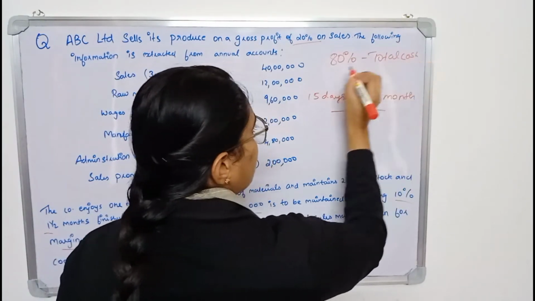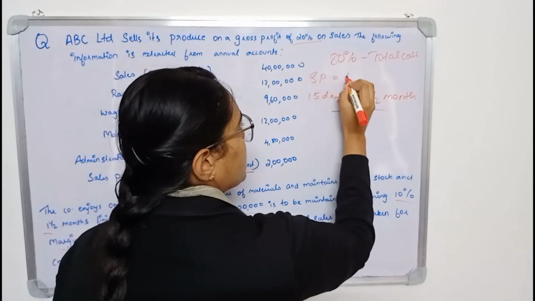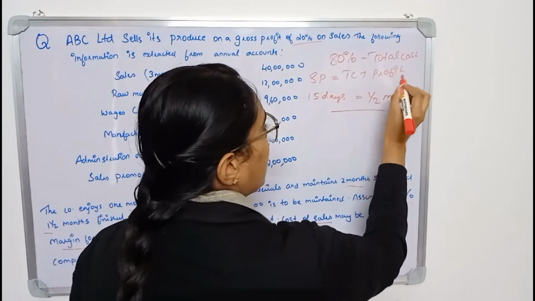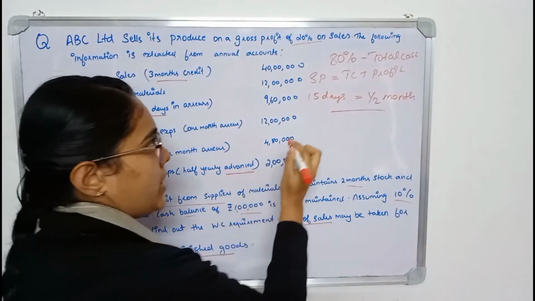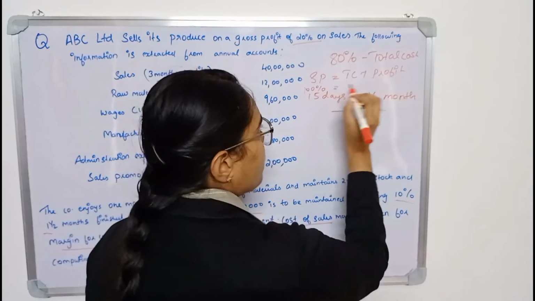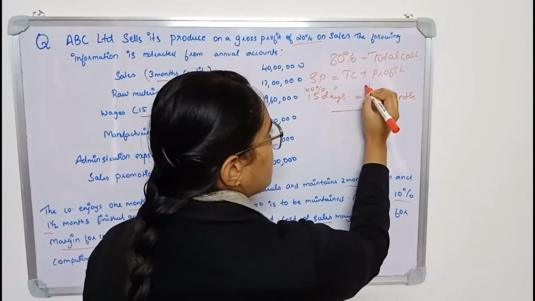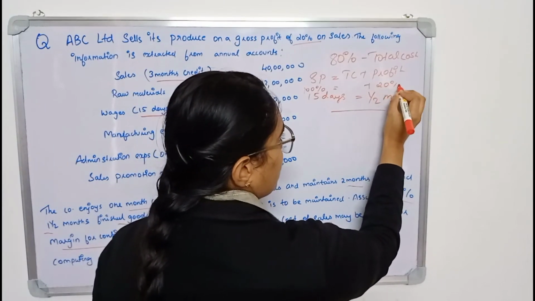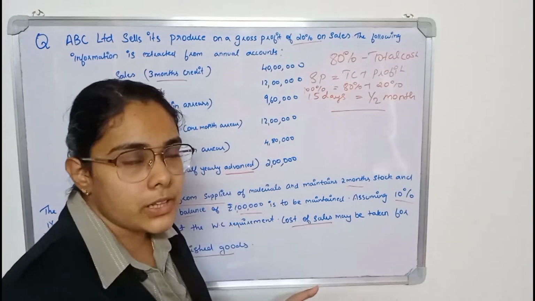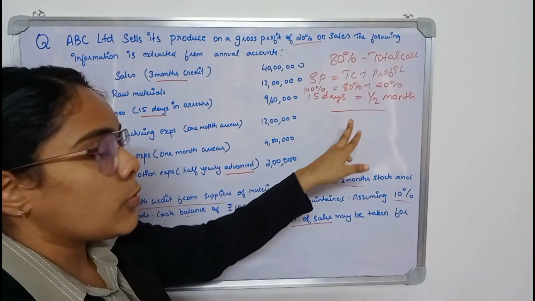That means selling price is total cost plus profit. You know that 100% is your selling price, and the profit component is 20%, so the remaining 80% will be total cost. Simple logic.